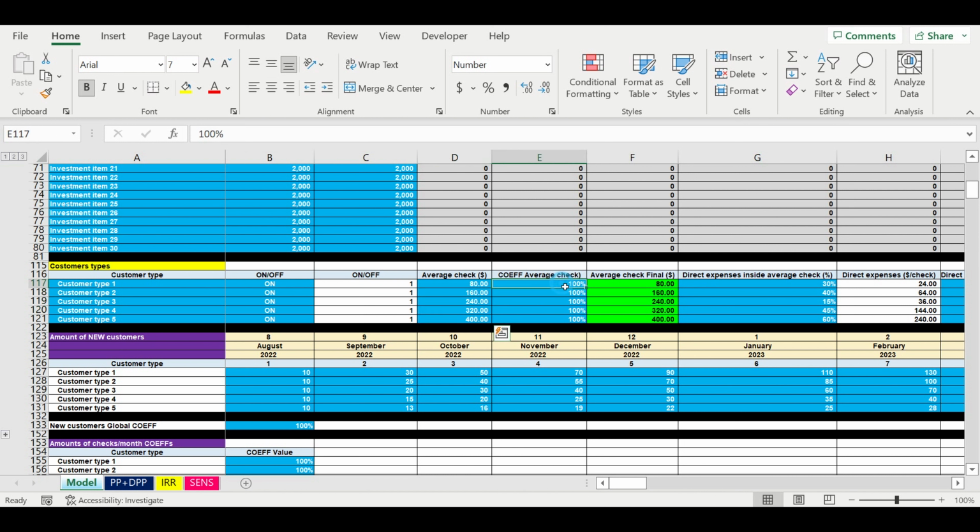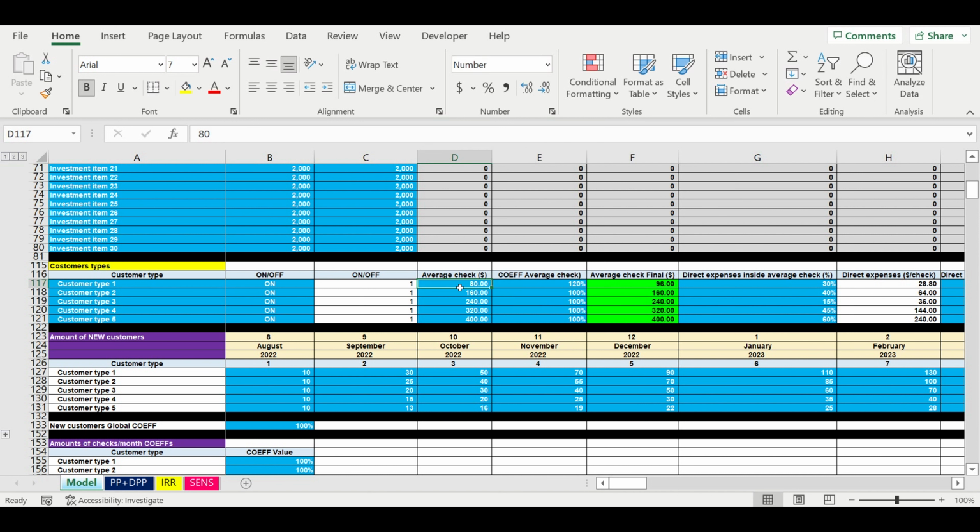Then we also have the coefficients to play with these average checks. So for example, we don't want to play with these numbers. We just want to know what will happen to the cash flow statement if we increase, for example, the average check for customer type number 2 by 20%.